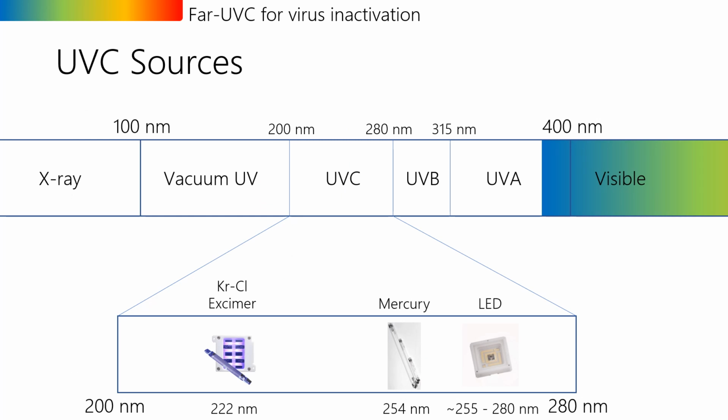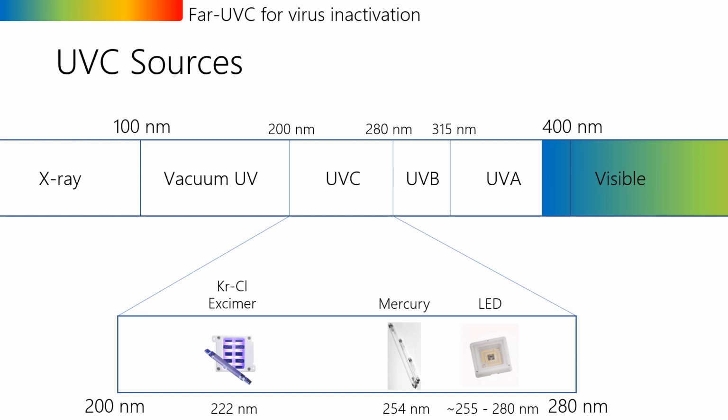Now, as well as the low pressure mercury lamps, there are other lamps which emit UVC, which I haven't gone into here, both in the interest of time and because they're not the focus of this presentation. A technology which is available now, and the one which I am focusing on today, is the krypton chloride excimer lamp, which is the main lamp currently operating in this part of the electromagnetic spectrum, dubbed the Far-UVC or Far-UV.